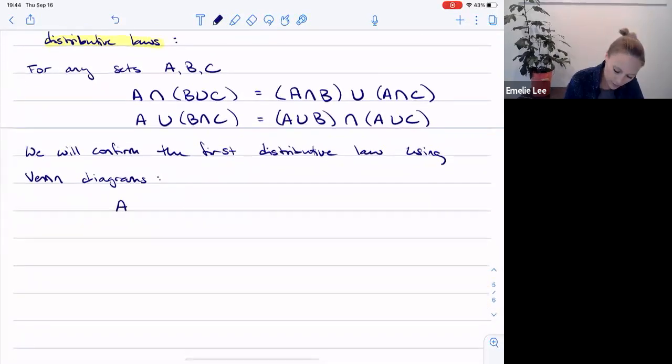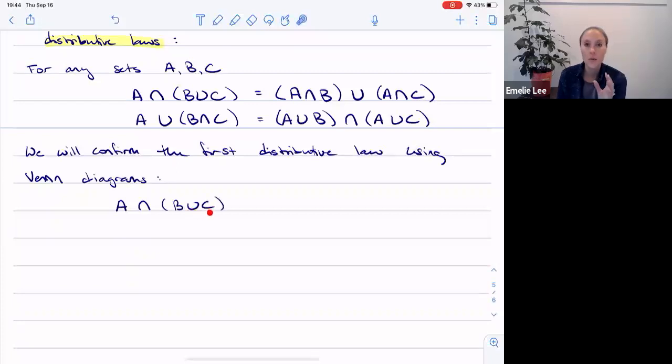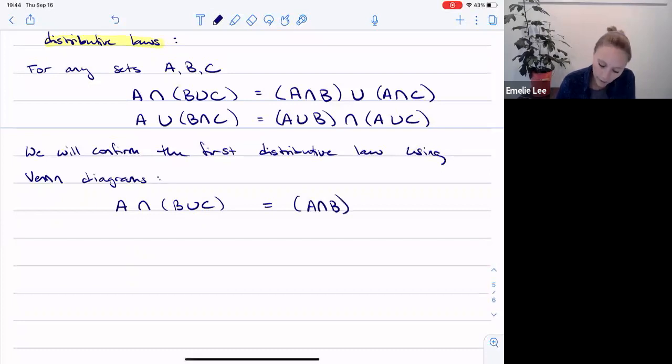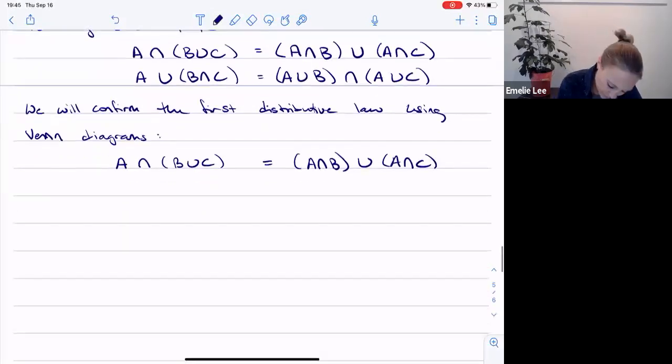So if we're going to try to draw A and B or C, it's really important that we draw B or C first, right? Because it's in brackets. But I'll also write out the right-hand side, A and B, or A and C. Okay. All right.